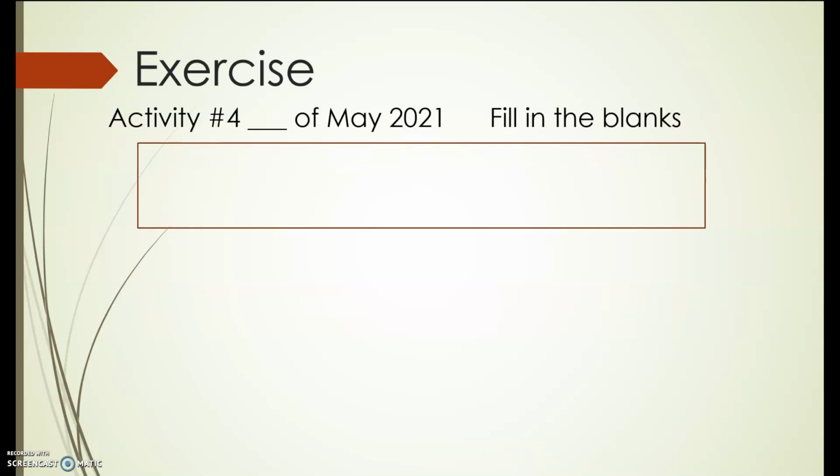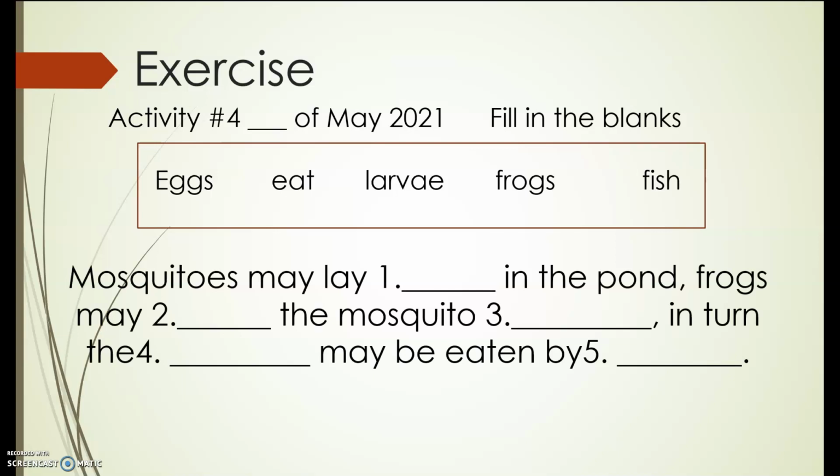Now let's do activity number 4 of this topic. Get a piece of paper or your notebook and write activity number, the date, the month, and the year. Let's do fill in the blanks. You may choose your answers from this box right here. We have eggs, eat, larvae, frogs, and fish. Let's start.